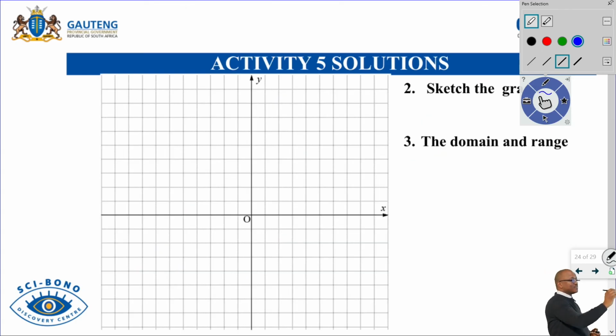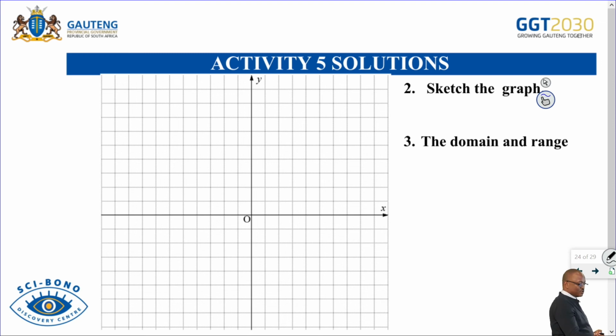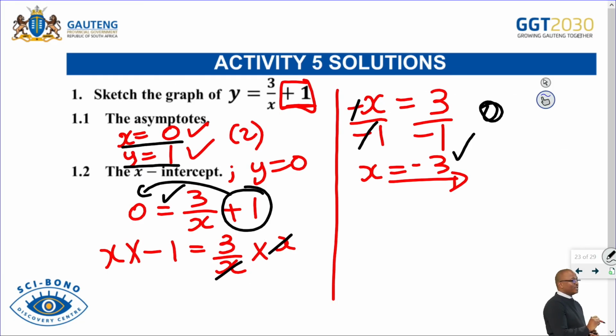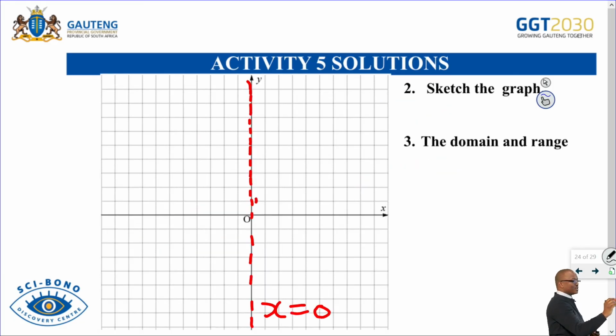In this case, x is equal to 0 is this line, and then y is equal to 1 there.